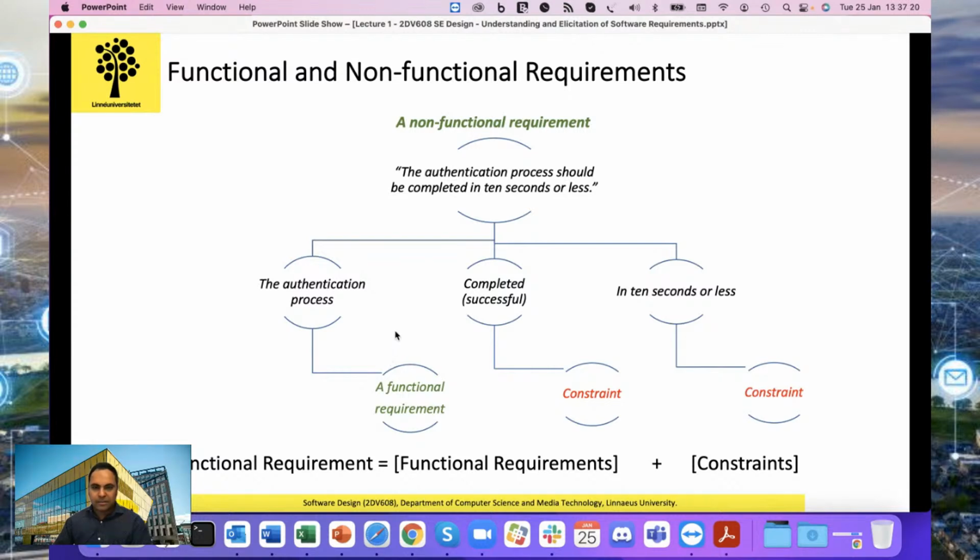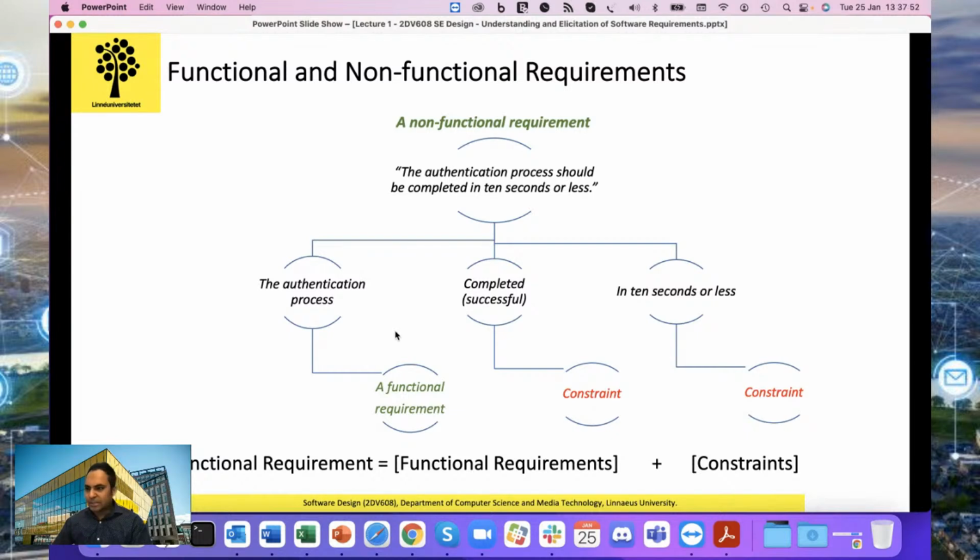I guess you got this clear, because as part of the assignment, you will be eliciting requirements, or providing statements for requirements. Make sure that when you are eliciting requirements, you do it in this proper way, so that your requirements include both the functional part and the constraint part.